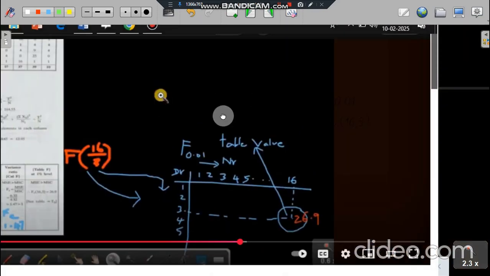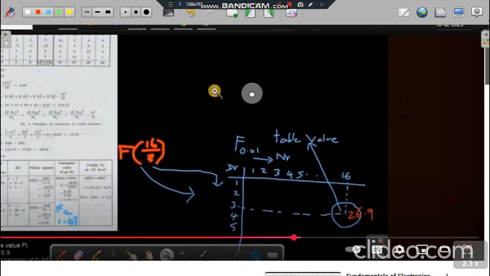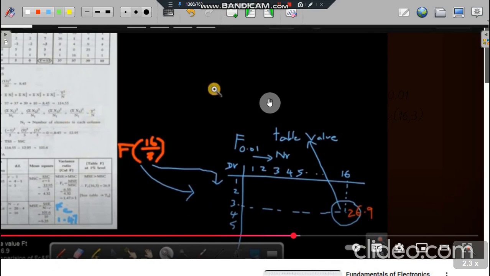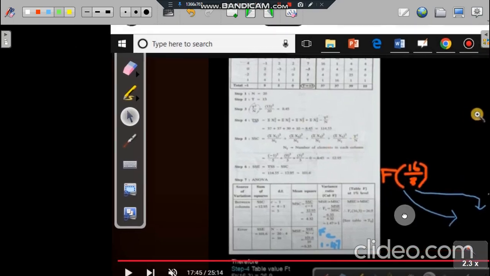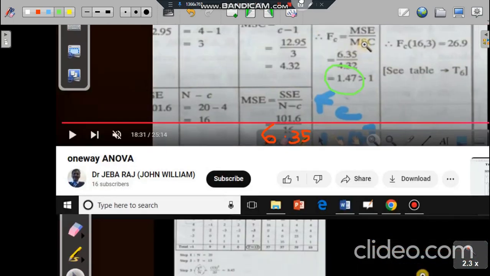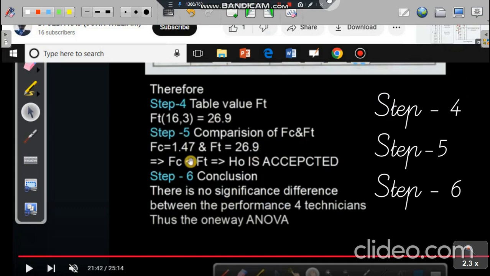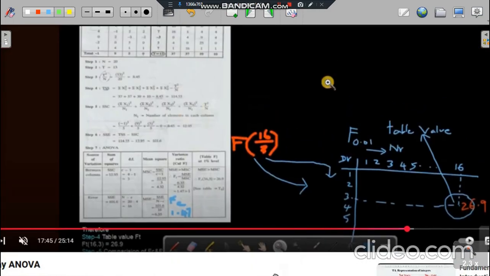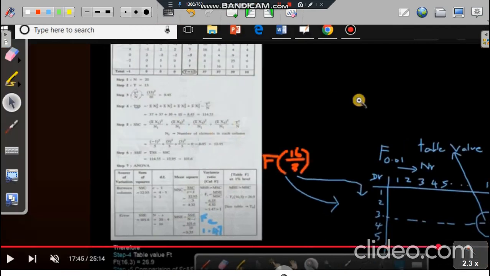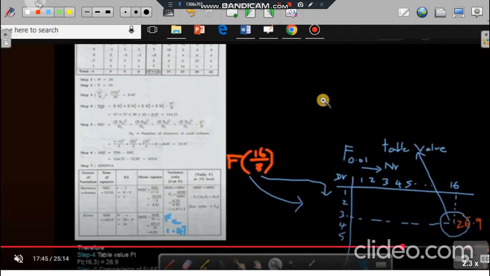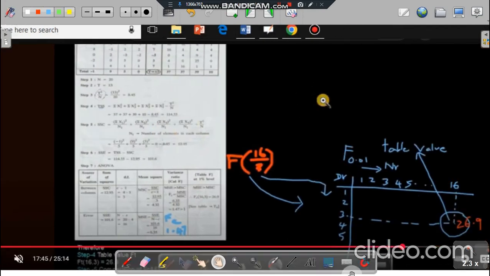Here we must understand the tabular value, and this is step number 4, I think. Actually, this is step number 4.